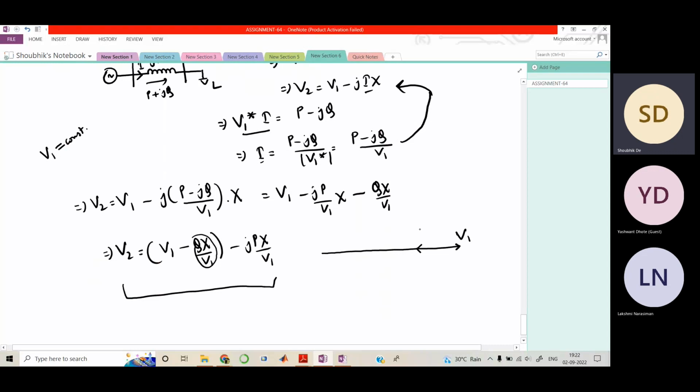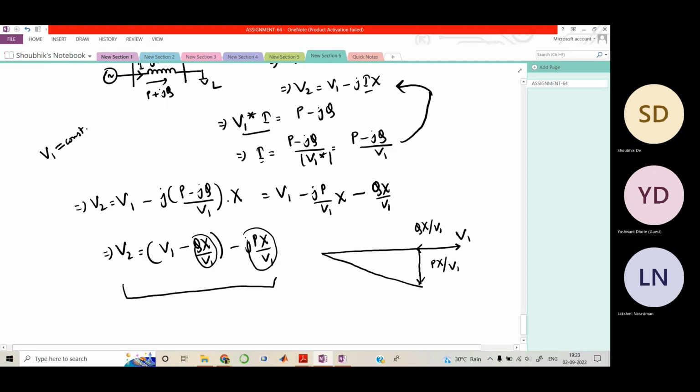So this would be QX by V1, and there is a perpendicular term here since there is a j. So let us draw it like this. This would be PX by V1, and its resultant is V2.